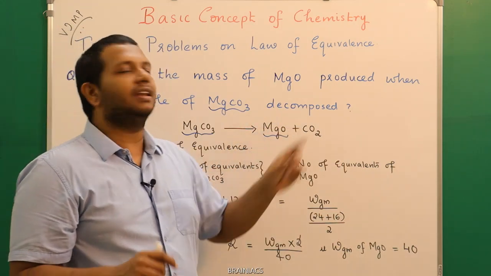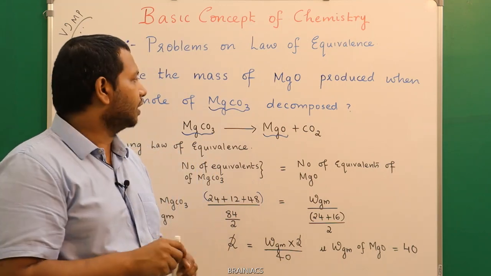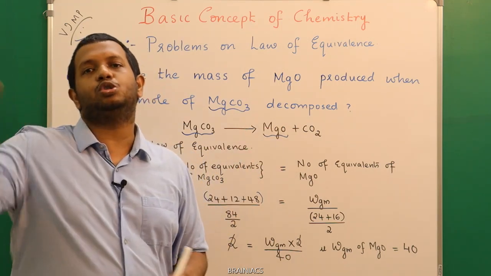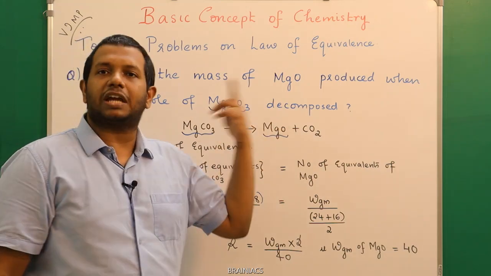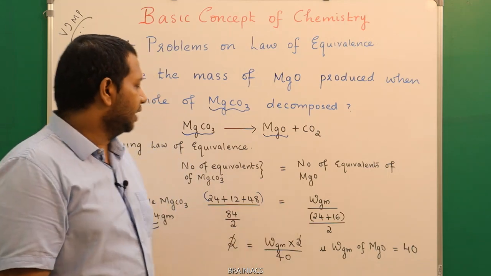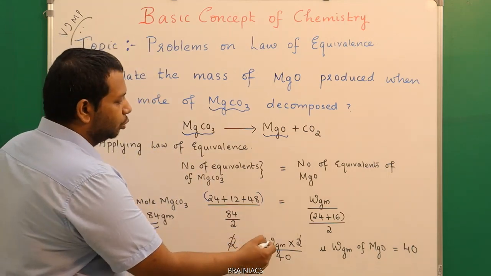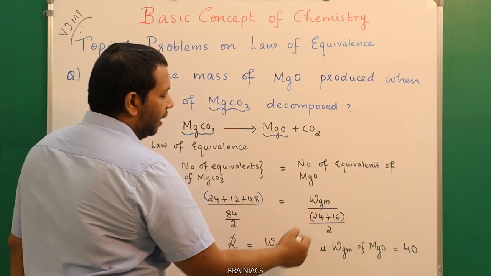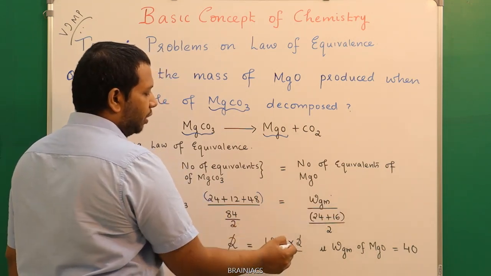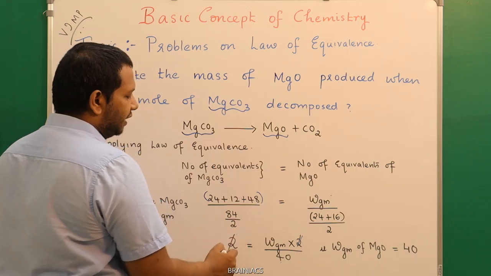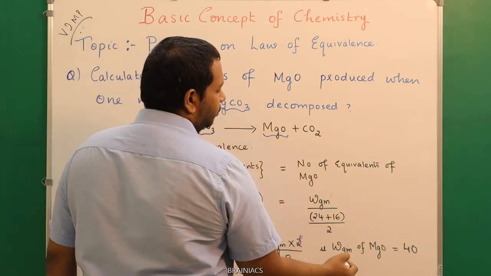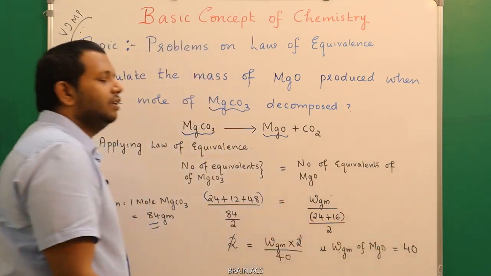Again it's an oxide, so magnesium oxide on splitting gives Mg2+ and O2-. So total charge of the cation or anion, so it will come as 2. So I can say now 2 is equal to this W gram by this, you adding, it will become 40 and 2 will come on the numerator into 2 and these 2 will get cancelled off. So weight in gram is equal to 40 W gram. So that is weight in gram of the magnesium oxide is equal to 40.